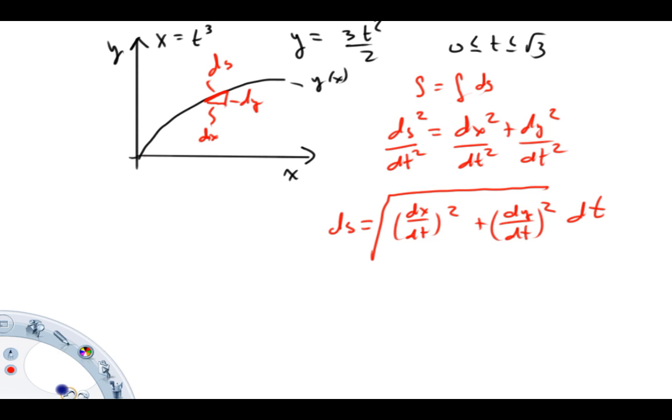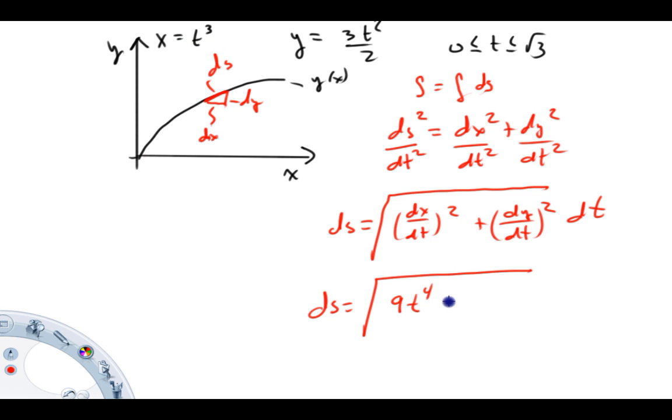All right, so in our specific example, ds is going to equal the square root of. So now I'm going to glance over and look at my parameterization. dx/dt, looking right here, would be 3t squared, and that squared is going to be 9t to the 4th. I'm going to just double check that. dx/dt is 3t squared, which squares to 9t to the fourth.